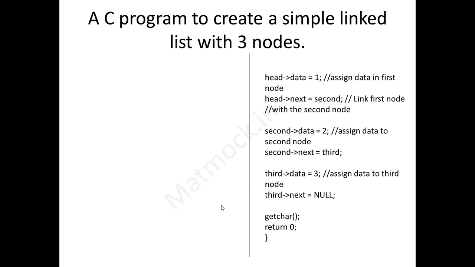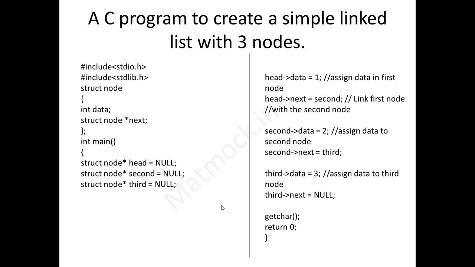Now we will see a C program to create a simple linked list with 3 nodes. We have seen earlier that to represent a single linked list, we require to create nodes.